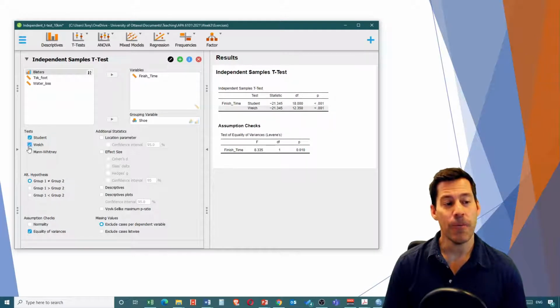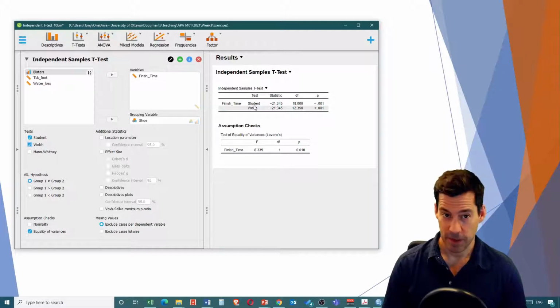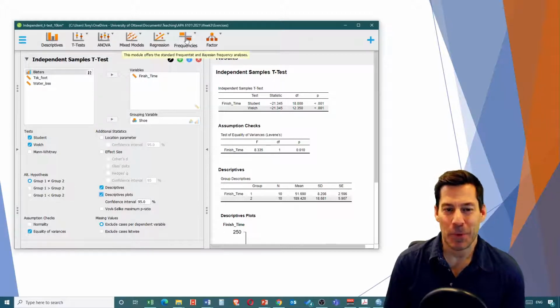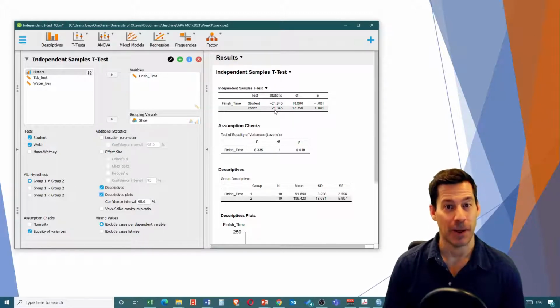And then if we do a Welch's t-test, what we see is that now we have the same correction for the test of equality. So a student t-test is one where the variance is assumed to be equal, where a Welch's test is where the variance is assumed to not be equal. Note that I can ask for descriptives and maybe descriptive plots if I want as well. So we note that JASP is particularly easy to get our values pretty quickly with.